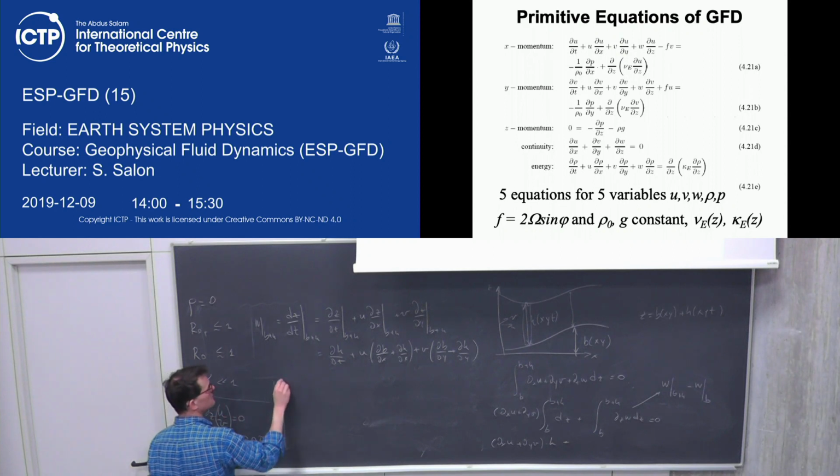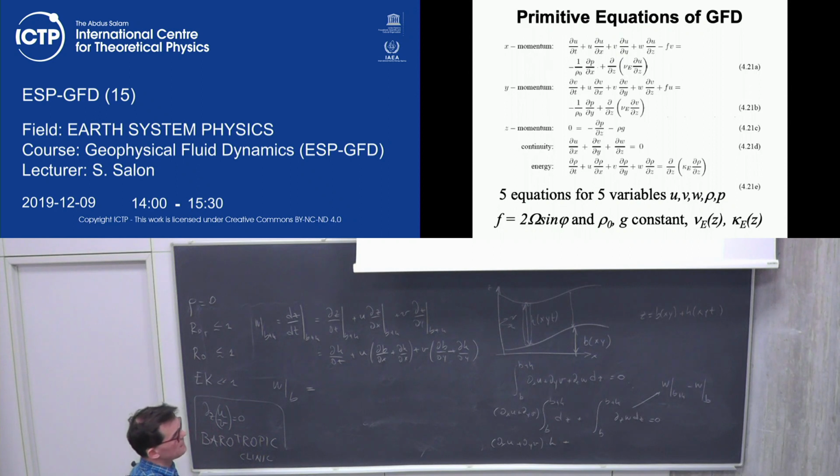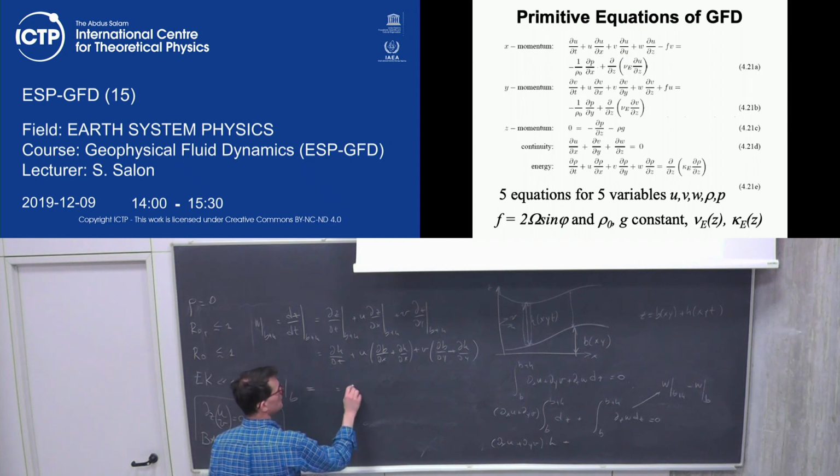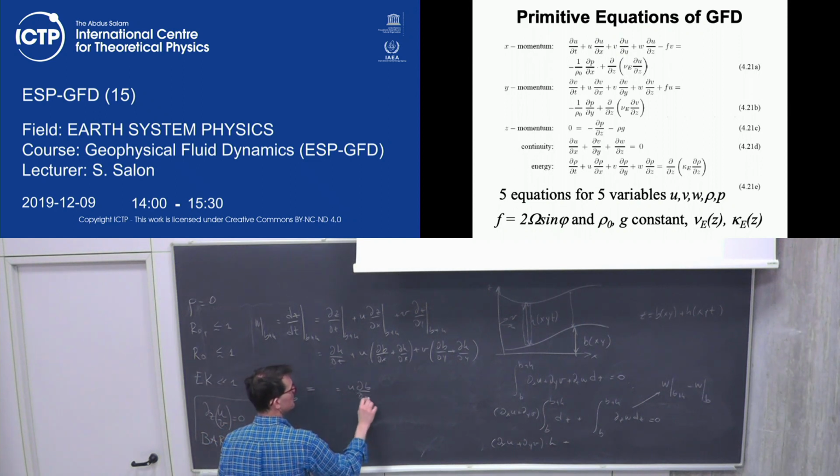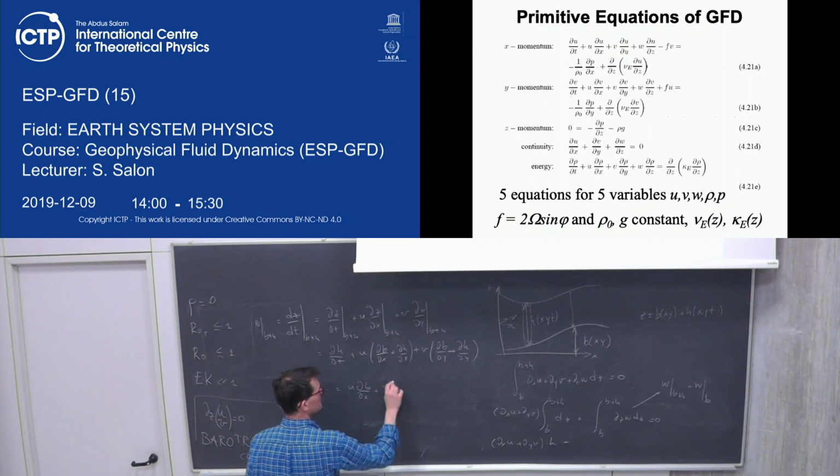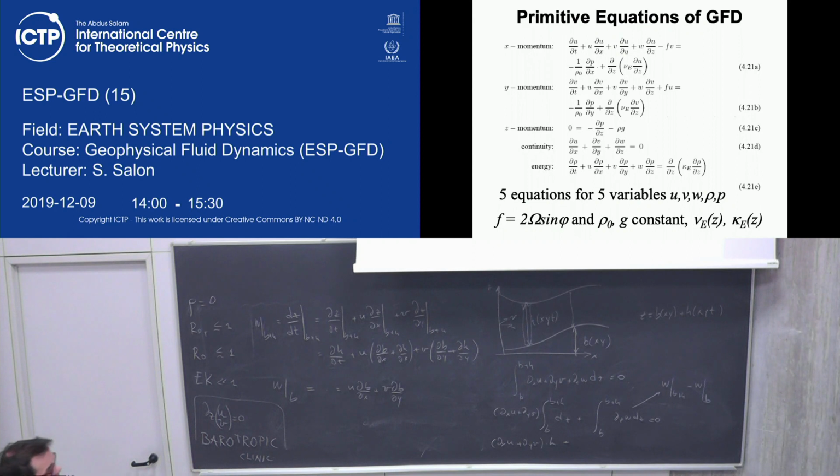We can do the same at b. Easier, because b is constant in time, so we just remain with u ∂b/∂x plus v ∂b/∂y, which is nothing more than the one we found before, in the previous case.